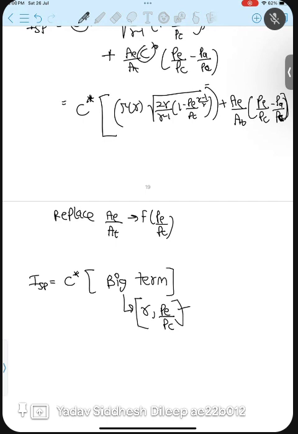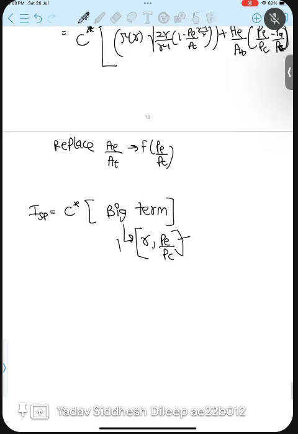So if you define an area ratio, you will know the exit pressure, so you will know P by PC. I'm telling you how to derive ISP for your particular propellant type. So this second big term we call CF, that is thrust coefficient.